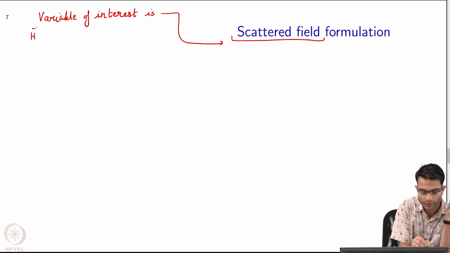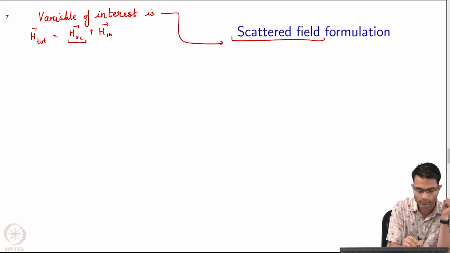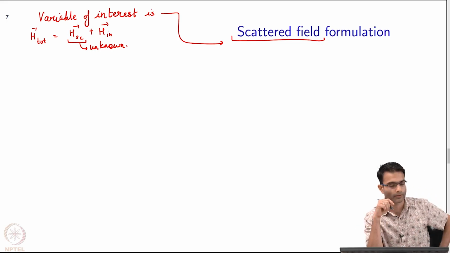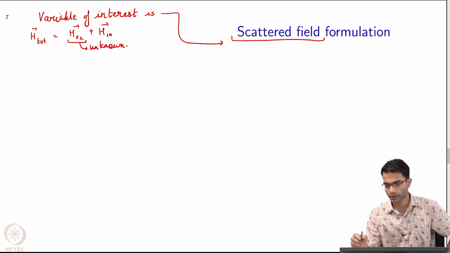So, we have already seen that H total is equal to H scattered plus H incident.